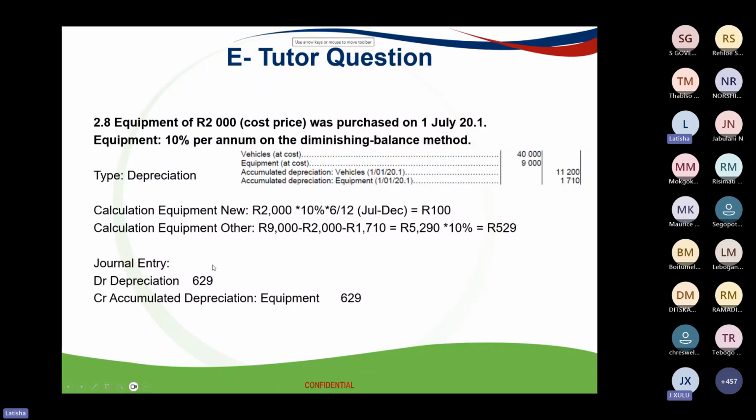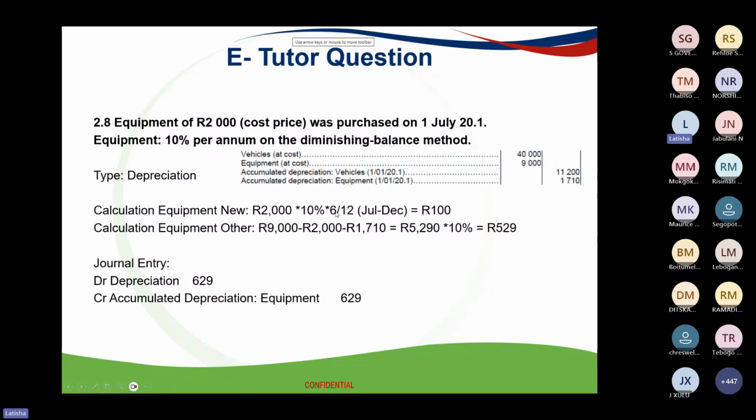Okay, so the 629 is the sum of the 529 plus the 100. How we calculate it is they're telling us that we've got equipment of 2,000, which we purchased during the year. So we first calculate depreciation on that new equipment, which is the 2,000 multiplied by the 10%, and it's only for 6 months because our year end is 31st of December.